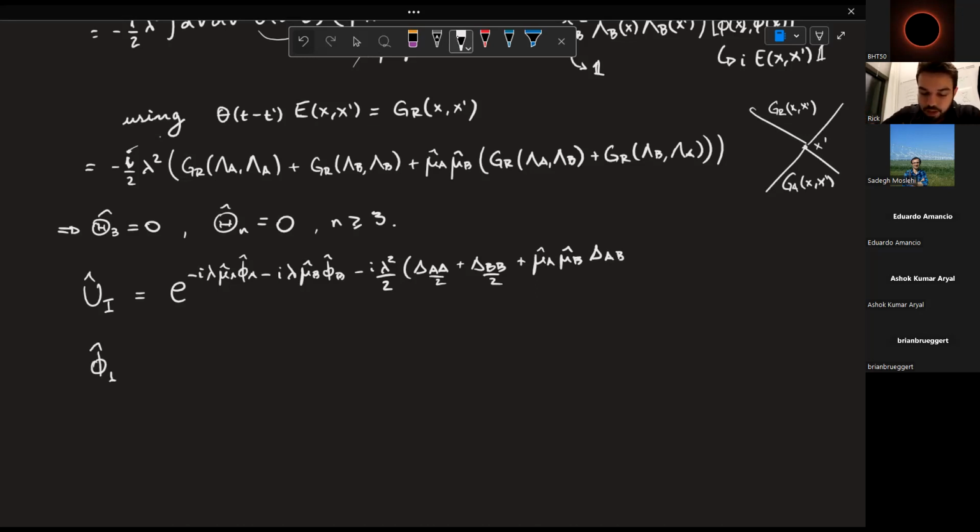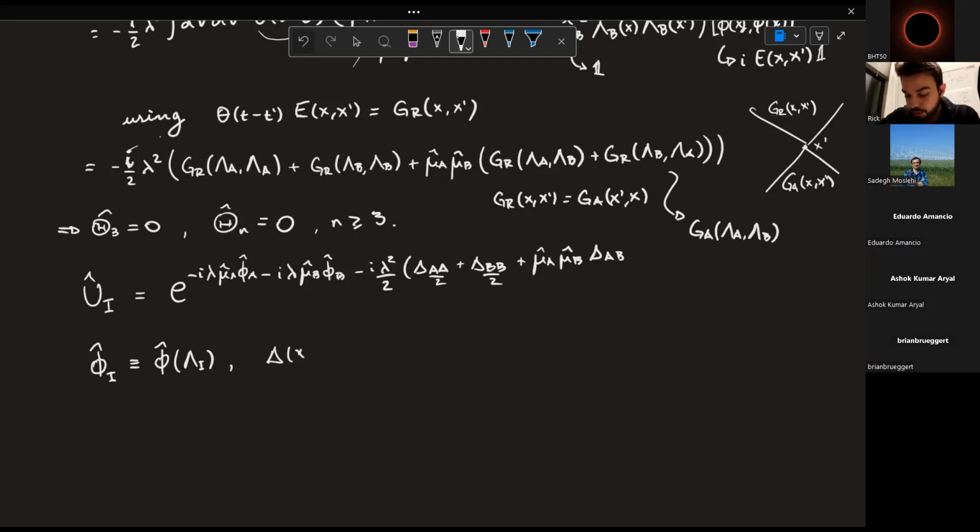So this phi I is just the phi of lambda I. What is the delta? You remember that GR of x prime is the retarded propagator from x prime to x. So basically this term here could equally be written as GA of lambda A, lambda B, the advanced propagator. Then this becomes GR plus GA, which is the imaginary part of the Feynman propagator.